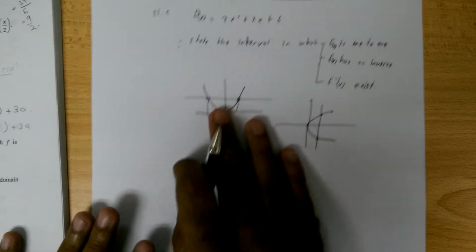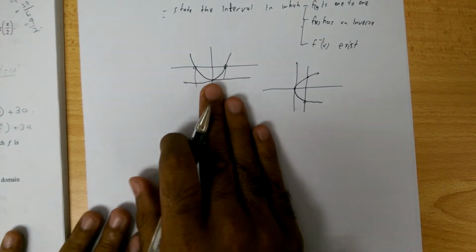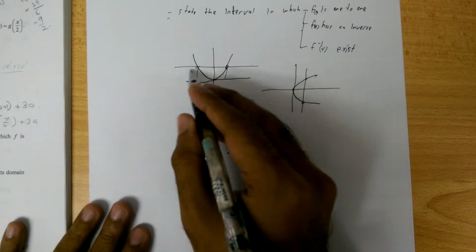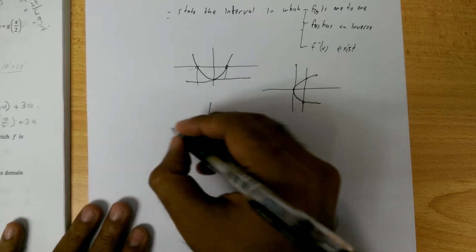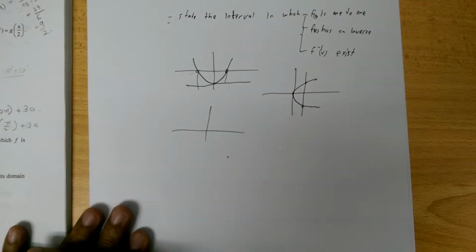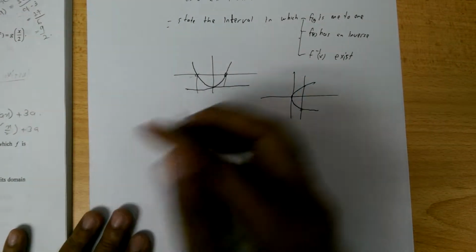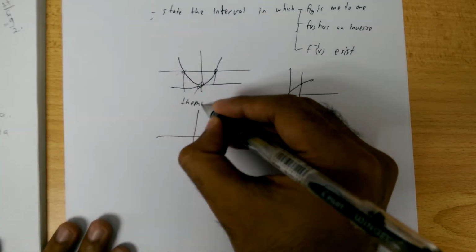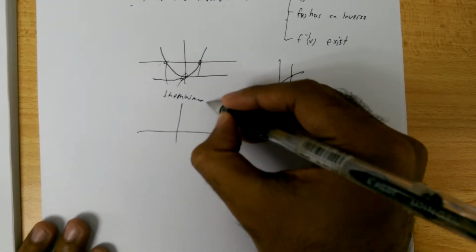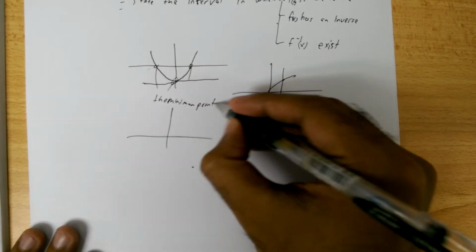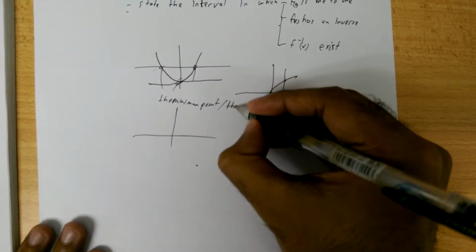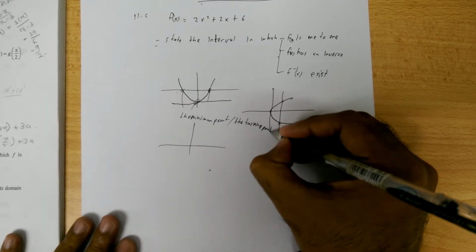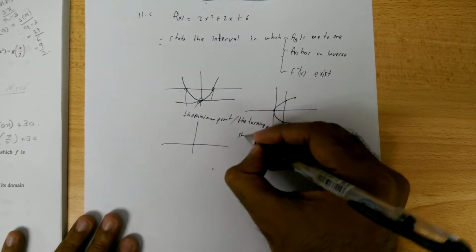May I ask you, when will it be one to one? When it only touches at 1 point, or in other words, where is the domain? Here, the minimum point, or in other words, the turning point, or extremum, stationary.